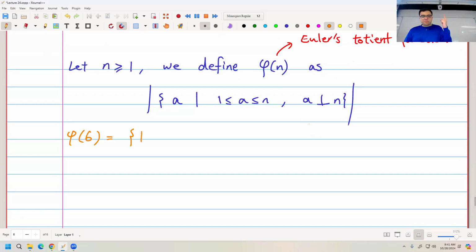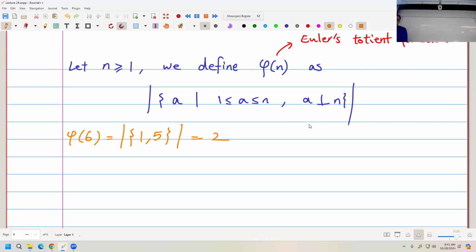So 1 is relatively prime to 6, 2 is not, 3 is not, 4 is not, 5 is relatively prime to 6, 6 is not relatively prime to itself, right? So phi of 6 is 2. Great.